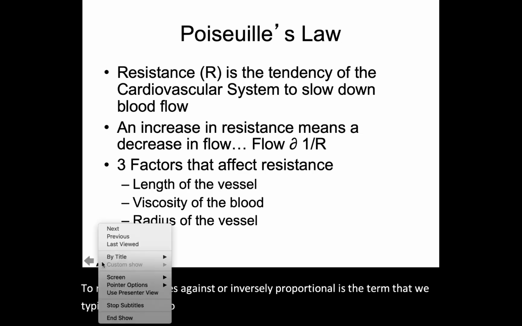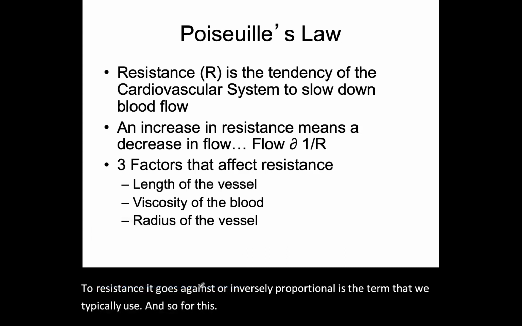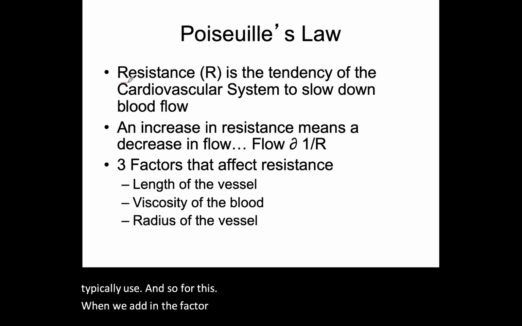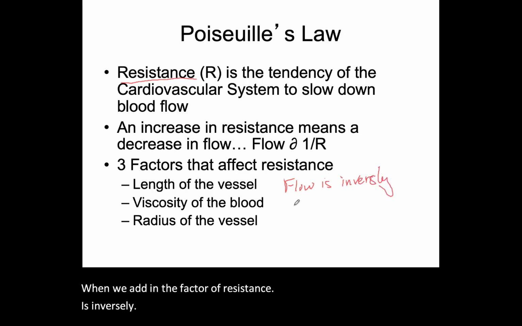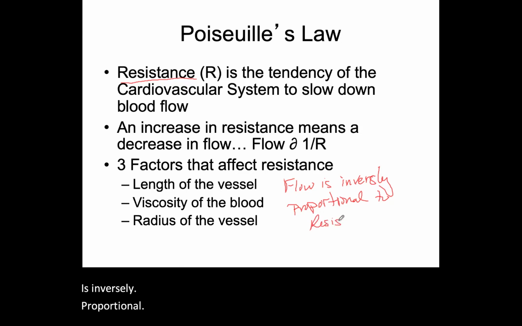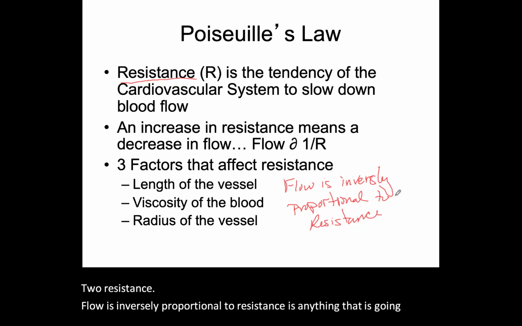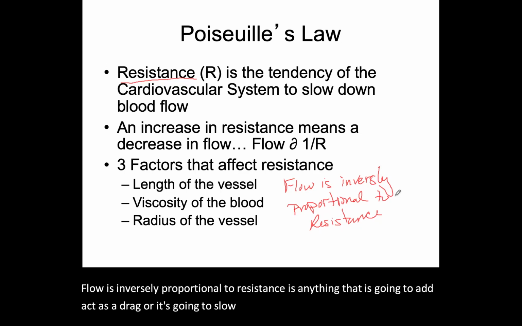And so when we add in the factor of resistance, flow is inversely proportional to resistance. Resistance is anything that is going to act as a drag, or slow down the rate of flow. And so, what could slow down the rate of flow?